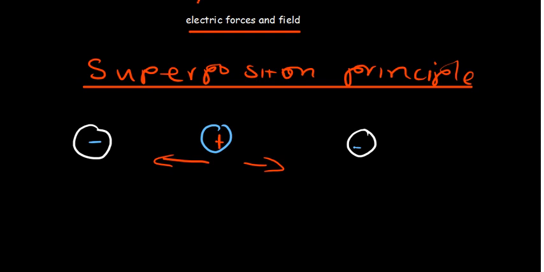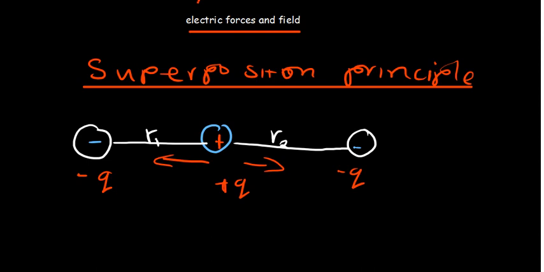If this is our negative charge, this is our positive electric charge, and this is our negative electric charge, how do we do that? Here we know that we are going to cover a certain distance in the middle, so you can say this is R1, this is R2.